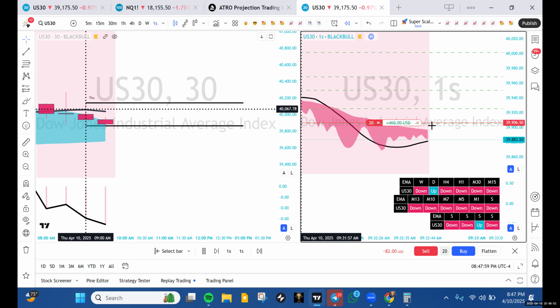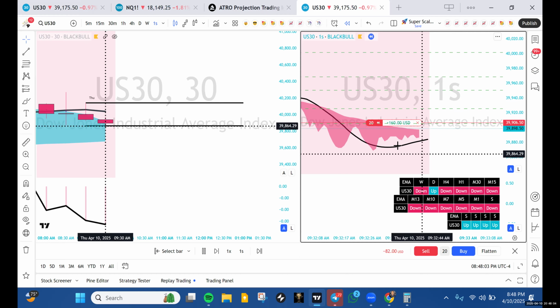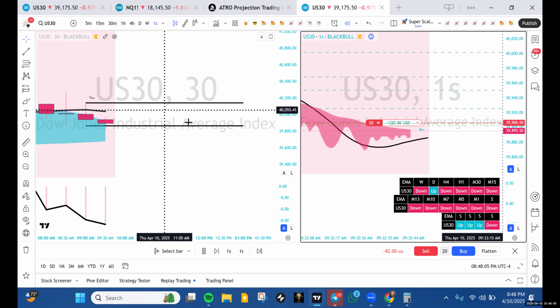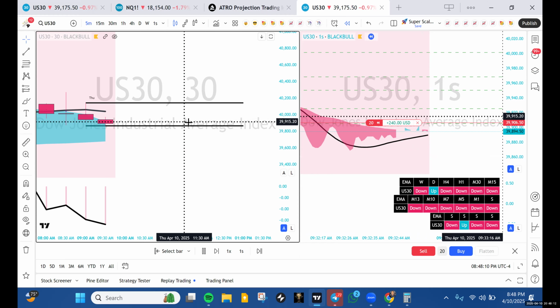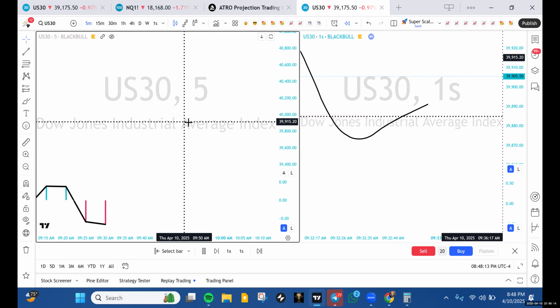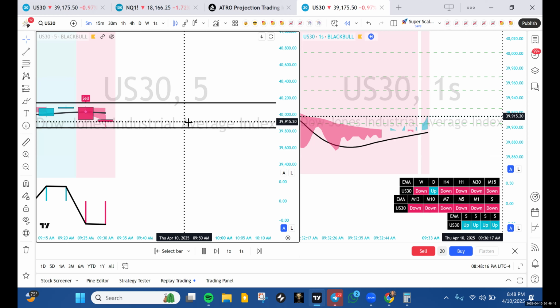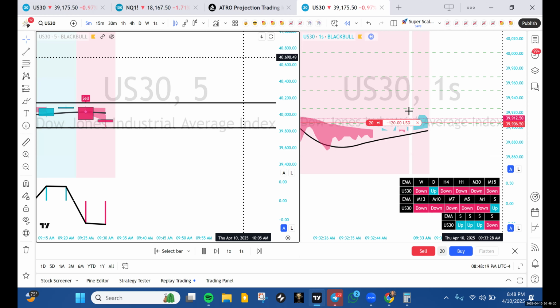So instead of being in the abyss and trying to figure things out over here, just work with the line. Now, if you're outside of that, you go to the 5 minute. This is if you're wanting to scalp, or if you're wanting to have some more moves happen and everything of the sort. This is what you would do. You would go down to the 5 minute.